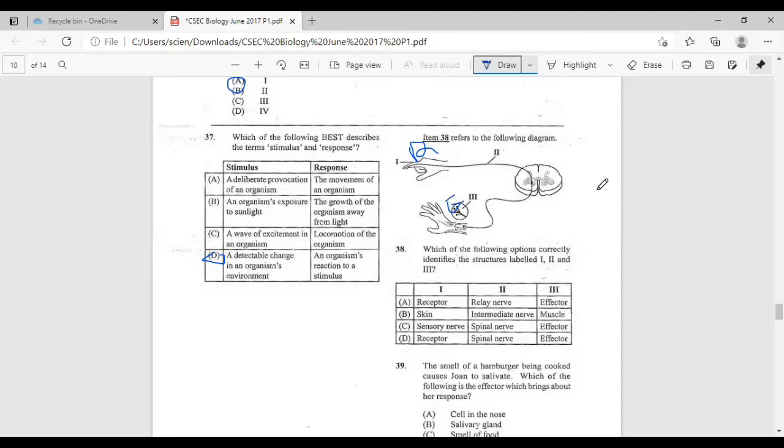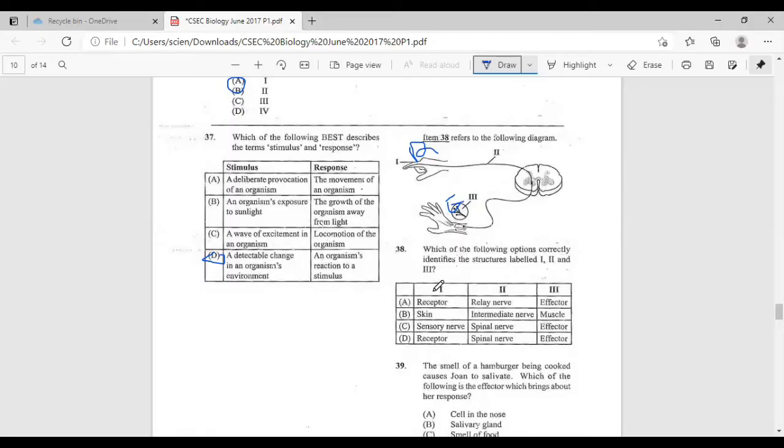So now we have to figure out what is happening at 2. If we're looking at this diagram, guys, we have to know what this is. But if you don't know what it is, you can actually go through your responses to see what corresponds with 1 being the receptor or 3 being the effector.